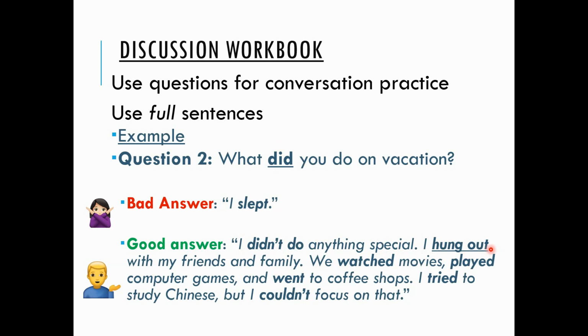Again, I said this before. You guys are adults, 20 years old, right? So don't use play. Play is for children. Children play, right? Kids play. They play in the park, play with their friends. We do not play. We are adults. We hang out, right? So I hung out with my friends and family. Much more normal, much more common.